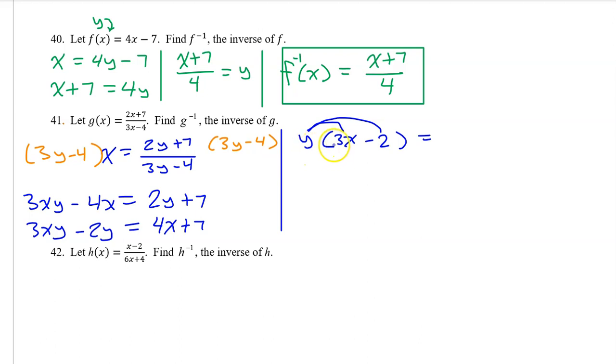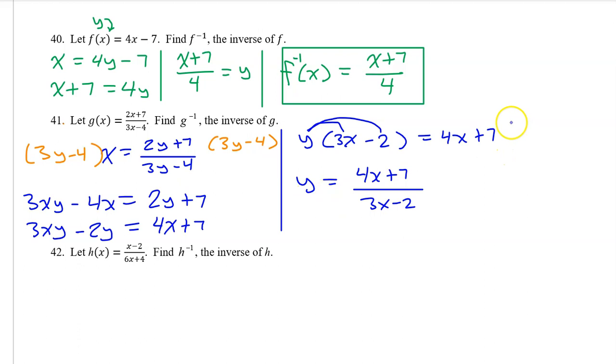Would we not get 3xy and then minus 2y? So you know you did it correctly. On the right-hand side, we still have 4x plus 7. Now that y is out here by itself, I can isolate the y by dividing both sides by 3x minus 2. So that will leave y equals 4x plus 7 over 3x minus 2.